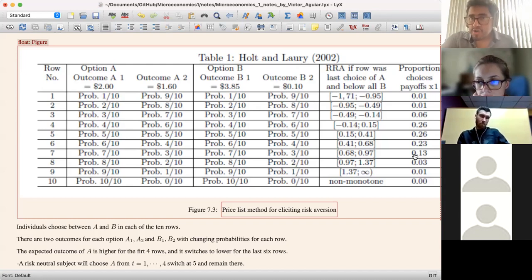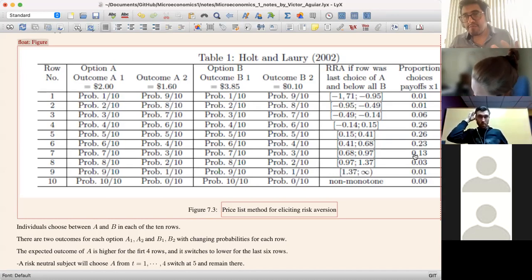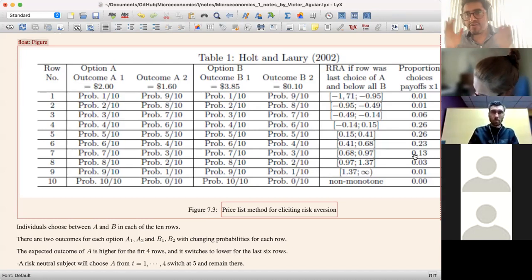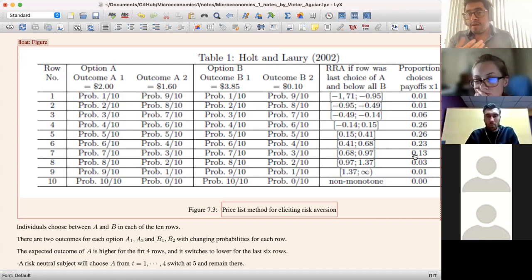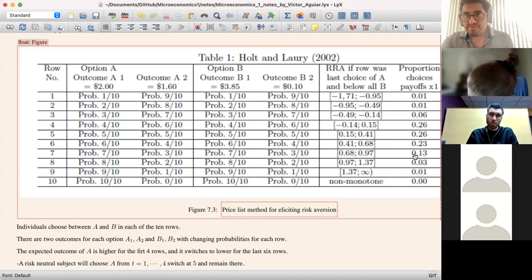If the experiment becomes more complex, there are other methods that criticize Holt and Laury, but they produce more complex lotteries. Sometimes then you enter into issues because people, like many of us, don't pay much attention to a survey, right? Filling out a survey is something that's tedious. So if you do a complex lottery, a complex experiment, then sometimes people just choose the simple object.